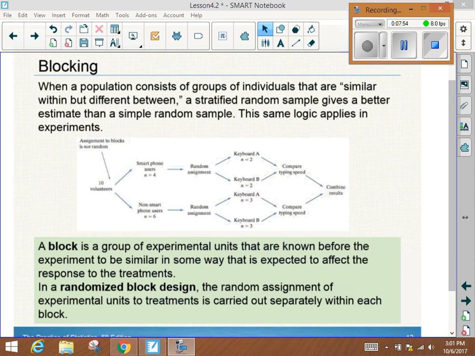So you have a group of experimental units that you know are similar, and you're going to go ahead and assign them to your experimental or your control group evenly, so that you don't have a large group of experimental units that are the same in one group and a large group of experimental units that are different, that have characteristics that are different. Right? We'd like to have a mixture of each of the two characteristics within our experimental and our control group.